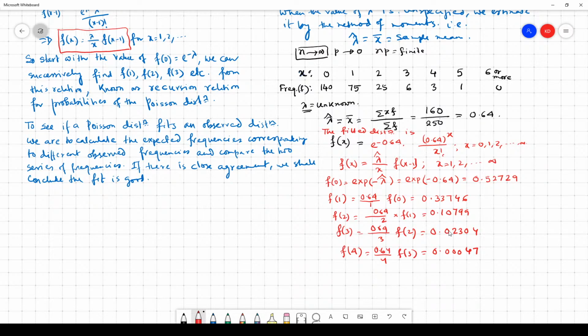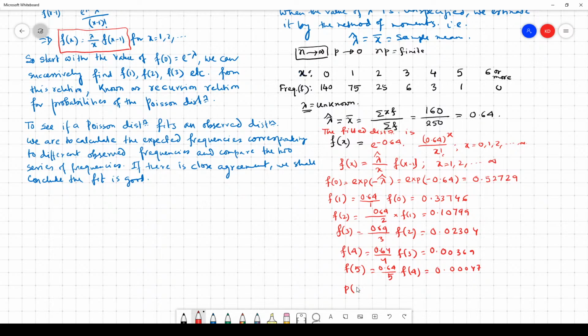Sorry, this is F3. I think F4 should be 0.00369. F5, 0.64 by 5 F4, which is equal to 0.00047.